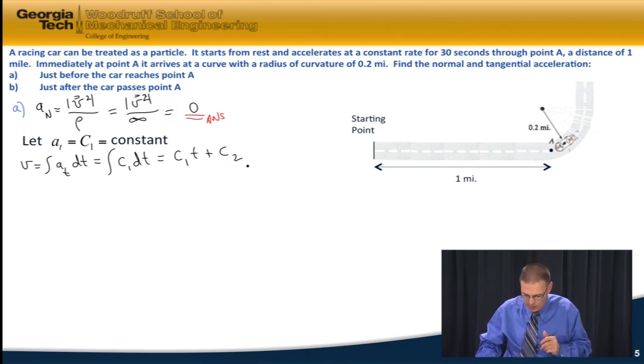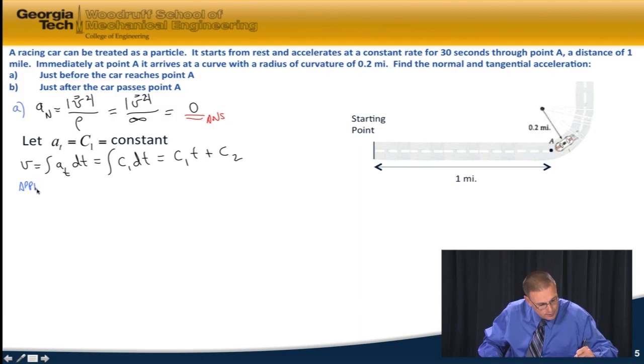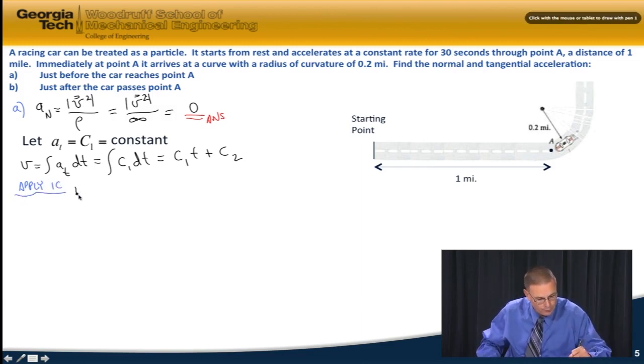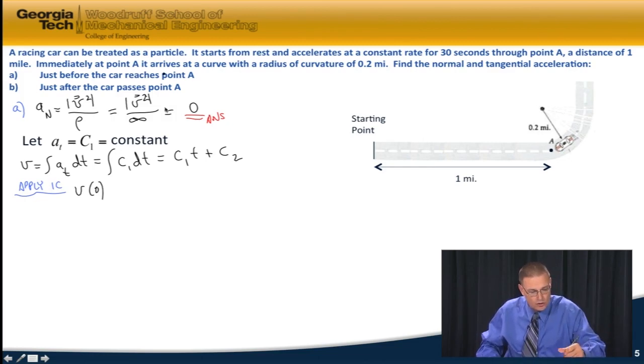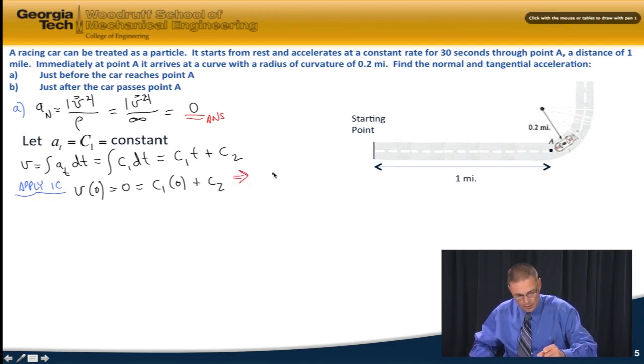The answer should be use the initial condition. I'll apply the initial condition: the velocity at 0 starts at rest, so 0 equals C1 times 0 plus C2, or C2 equals 0.